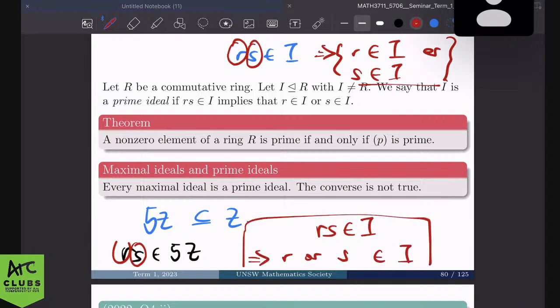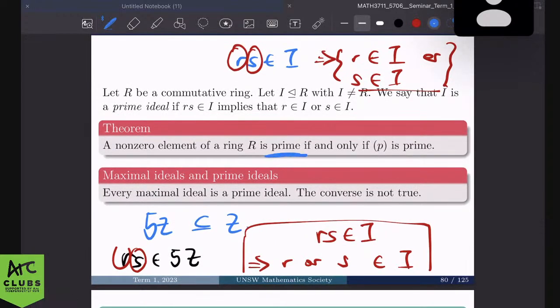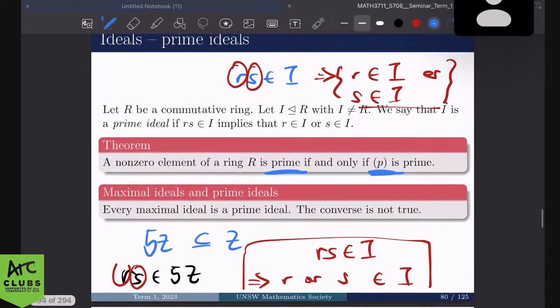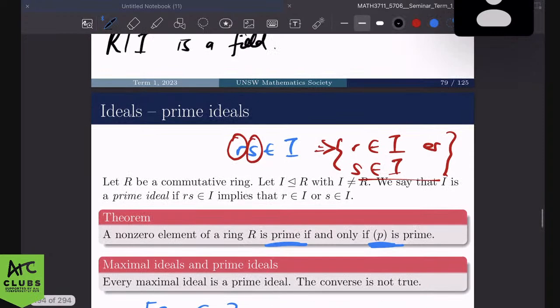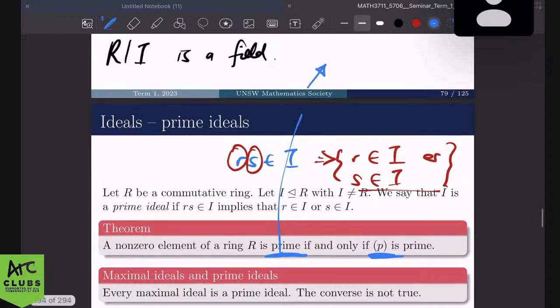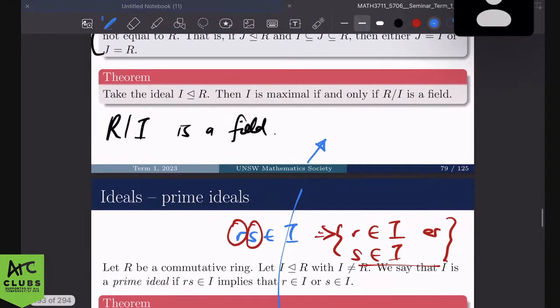Okay? One thing you can do is you can say a non-zero element p of a ring R is prime. Okay, I'll explain what prime means in a second. If and only if the ideal generated by p is prime. And so a prime number in the context of group theory or ring theory is very similar to what it is in real life, or like in integers, right?